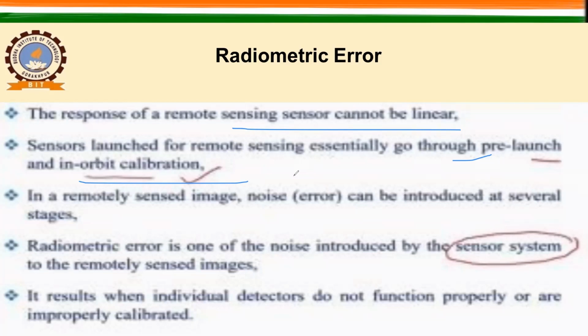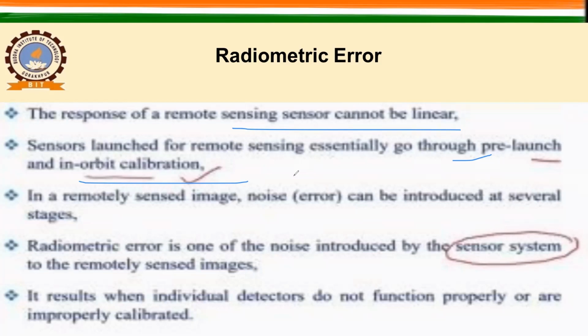In a remotely sensed image, noise can be introduced at several stages, like you have seen already in other cases. In this case, it can be because of the misbehaving of the sensor. So maybe one detector may stop recording for a few seconds, right? So that is temporary, but one detector may fail permanently. Also, if there is a change in altitude or attitude of the sensor, then again there will be different values.